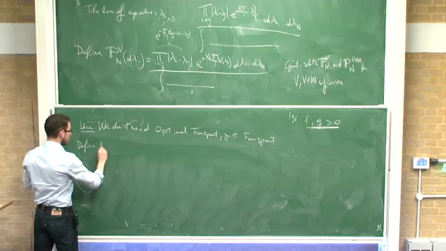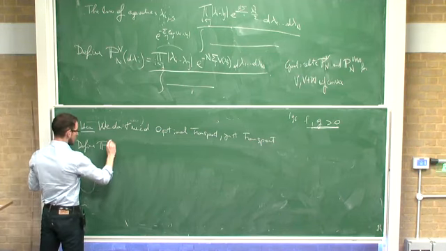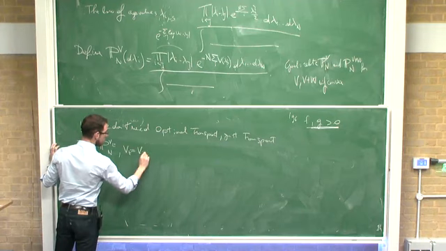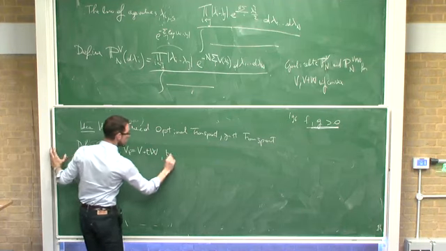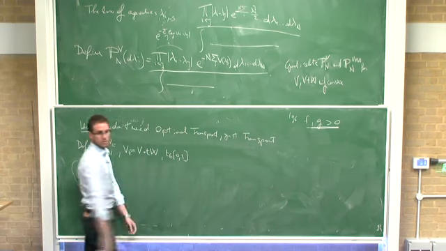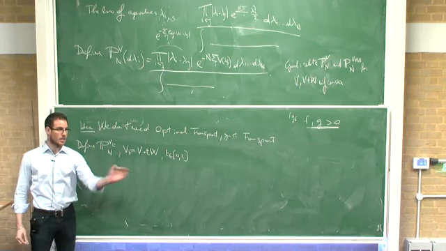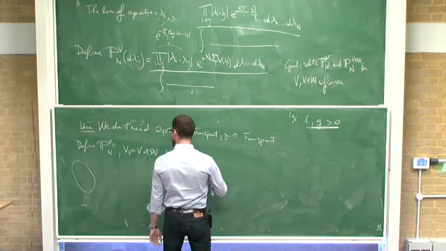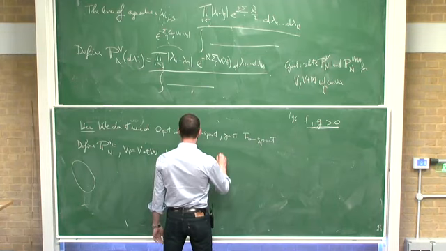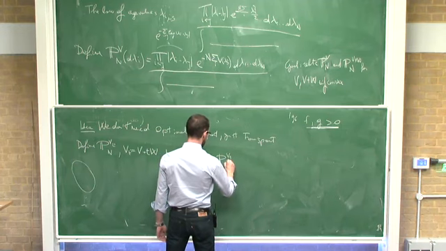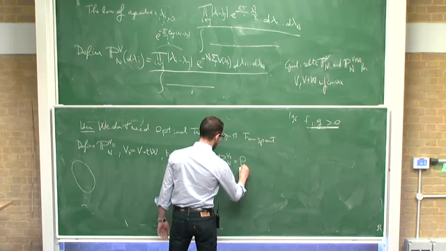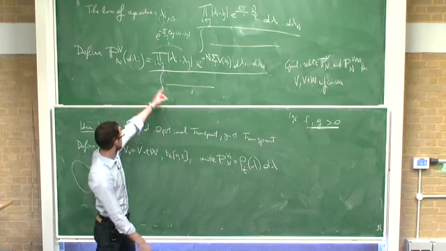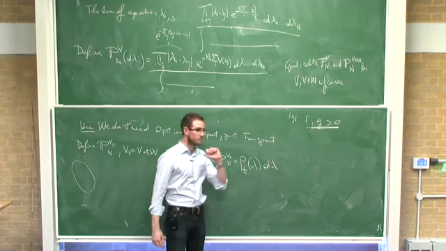So I'm going to interpolate by considering P_{V_t}, where V_t is just V plus tW, t between 0 and 1. So you just interpolate between the two potentials in a convex way. This is the most innocent thing you can do. And now write P_{V_t,N} as a function rho_t of lambda times d lambda. So you have this density times the Lebesgue measure.